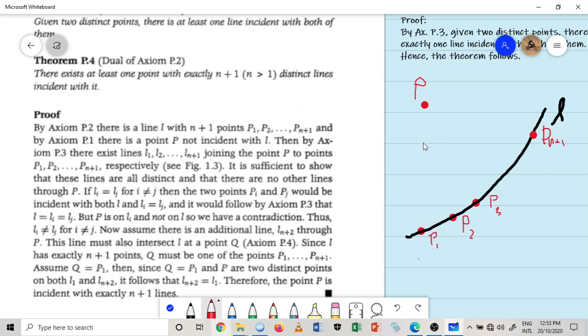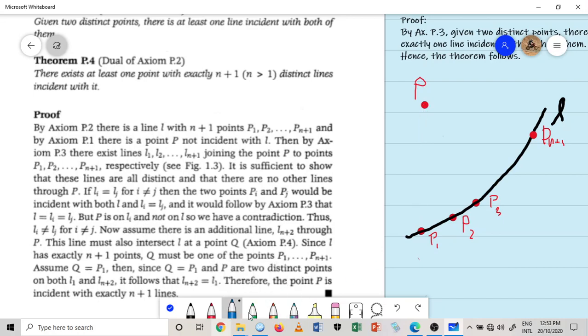Okay, so we are assured of the existence of a point P not on L, so that axiom P.1 must be satisfied. Now, axiom P.3 asserts that for every pair of points, there is a line. For every 2 distinct points, there should be exactly one line incident with them.